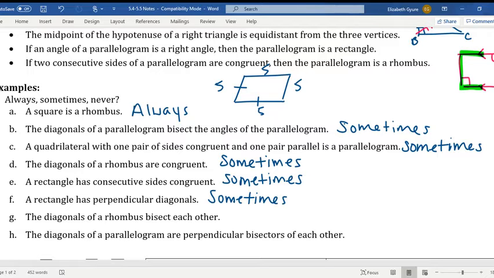But there's a larger overarching shape that we've been talking about that has a rule that the diagonals bisect each other. Parallelogram. Okay. So diagonals bisecting each other is a parallelogram property. Is a rhombus a type of parallelogram? So is every parallelogram property going to apply to a rhombus? Yes. So what do we think? Always, sometimes, or never? Always.